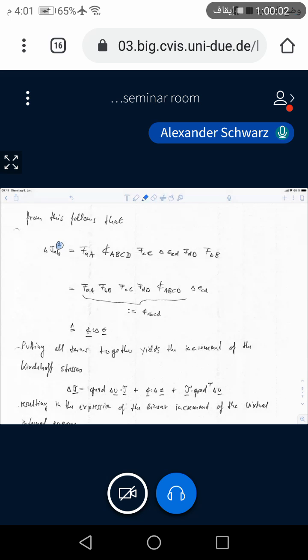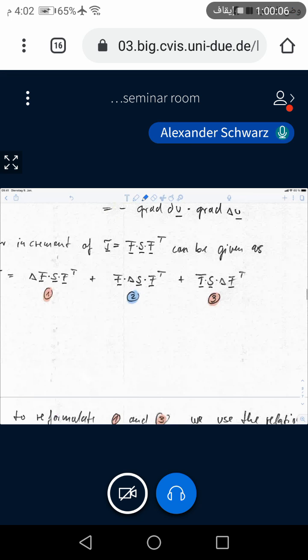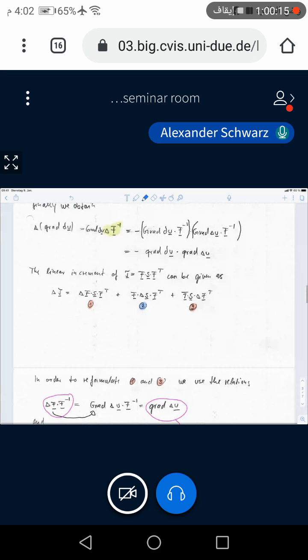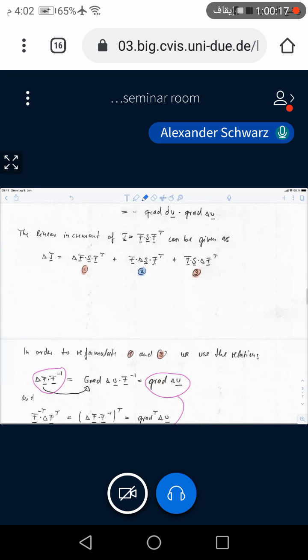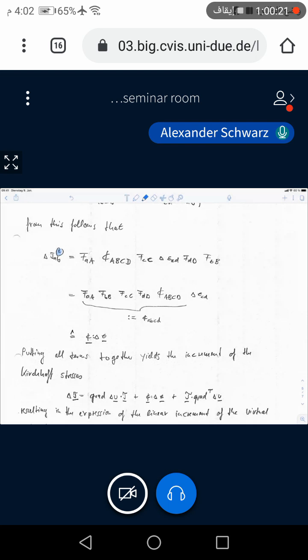So maybe I give you the impression of where we started. Here we started with delta tau. We have seen all the linearizations, one, two, three. We have done them and pushed them into the actual configuration, and then we end up here with this line. Of course there are three components.